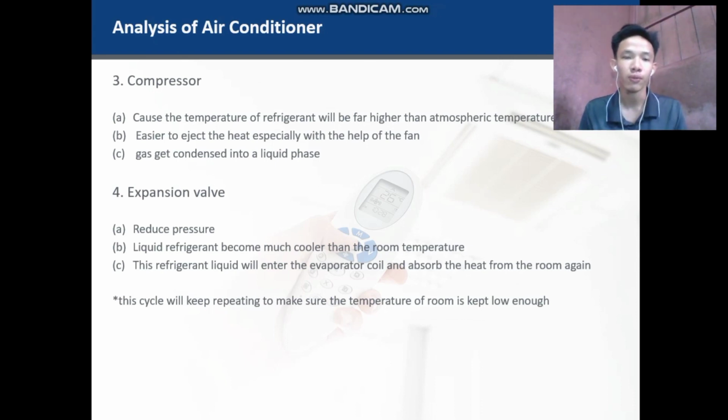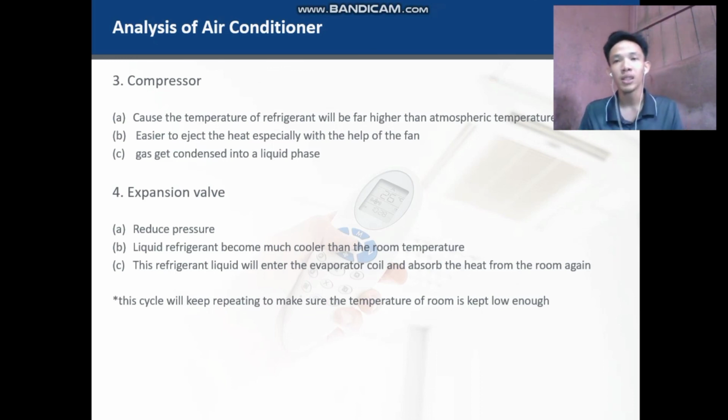For the fourth point, the expansion valve will reduce the pressure of the fluid by the same method as the TXV, by restricting the flow of the fluid, but it will make the liquid refrigerant become much cooler than the room temperature.